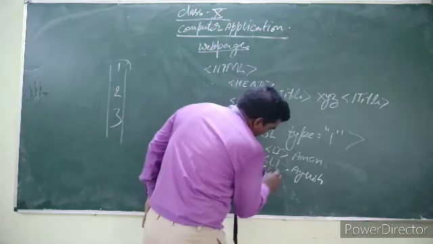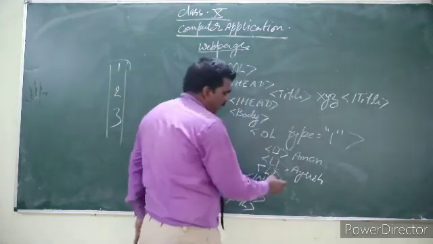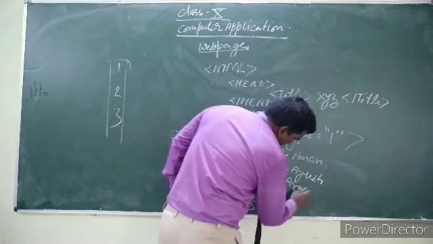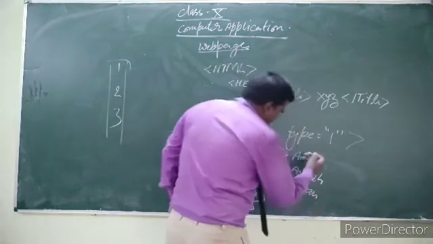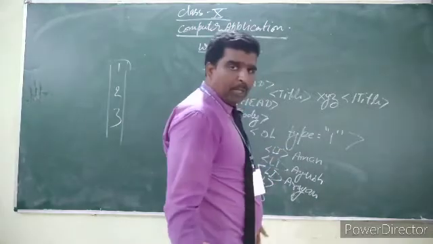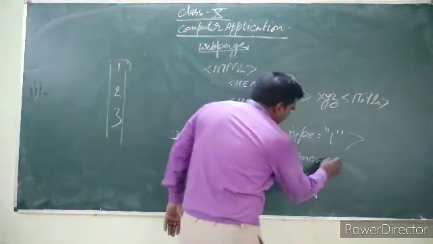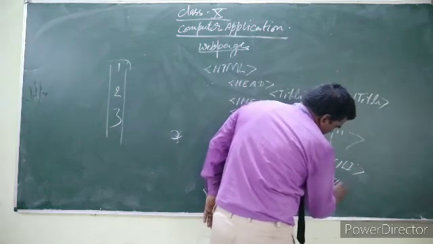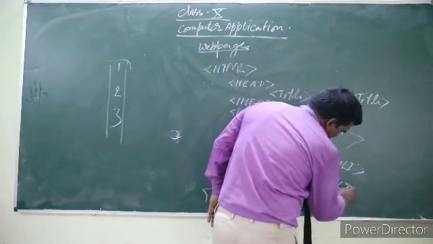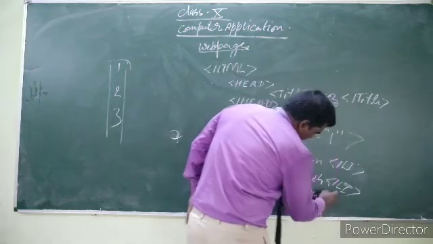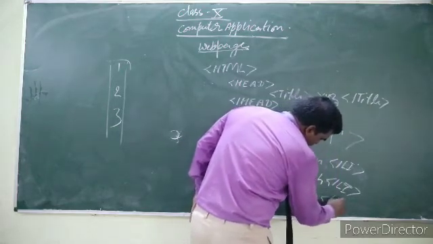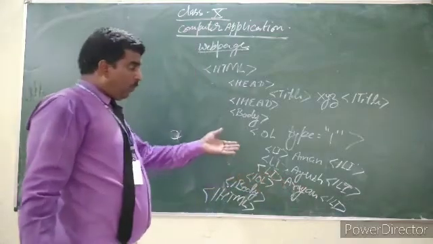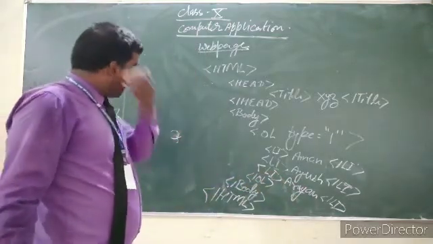Afterwards, any other name if you want to give, like Aryan. This type of name can be given here. For our convenience, we can close li so that we are able to understand what the problem is.